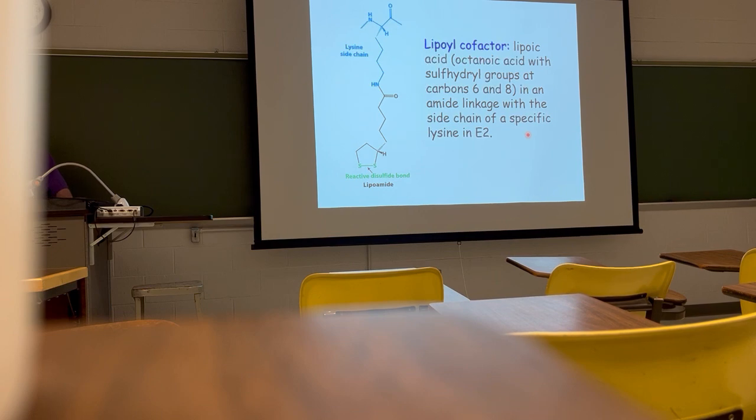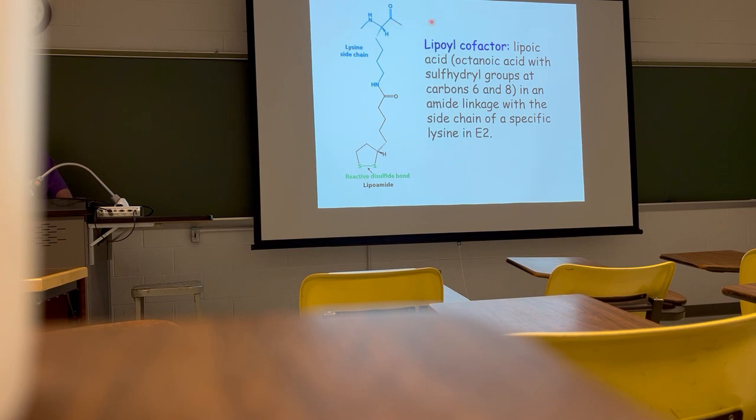Next, we're going to see that the 2-carbon unit is going to be transferred to this lipoic acid. It's a cofactor in enzyme 2, and in enzyme 2, it's attached, so remember I told you it's a carboxylic acid, it's attached to the nitrogen in the side chain of a lysine residue in the enzyme 2.